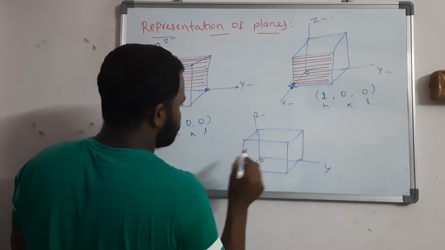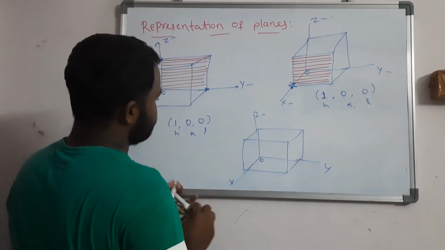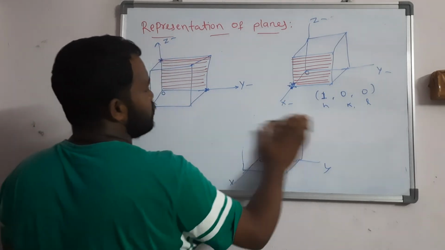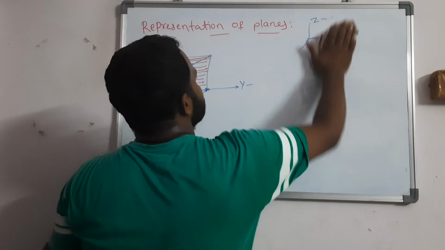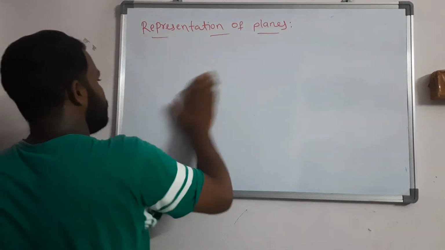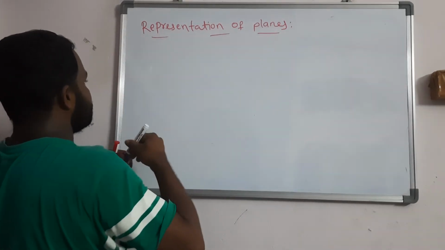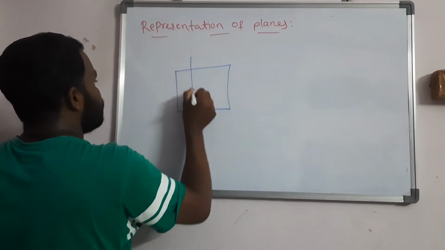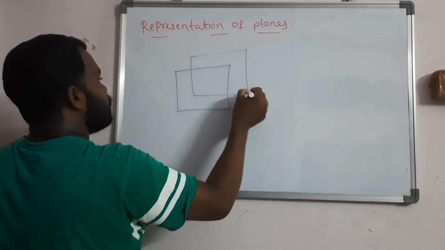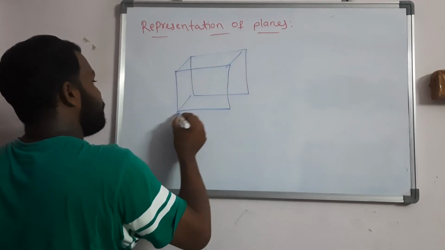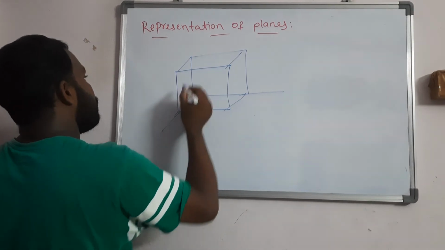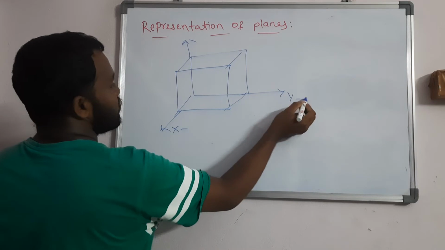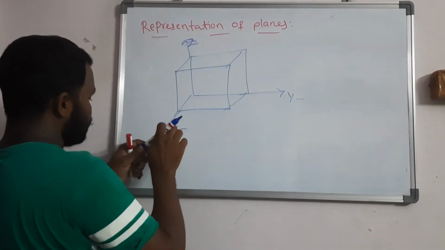Similarly, the HKL value is 100. If I take some other plane, some other plane is like this. This is the x-axis, this is the y-axis, this is the z-axis, right?